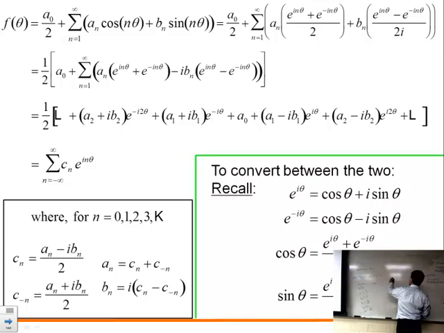So C0 is 0. What's C1? It's negative 4 pi I. So it's negative 4 over pi times I divided by 2. So this is a negative 2 pi I. Is that right?